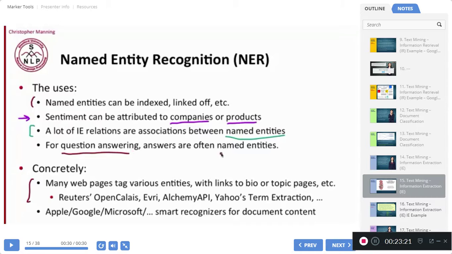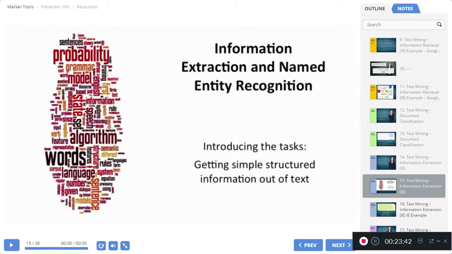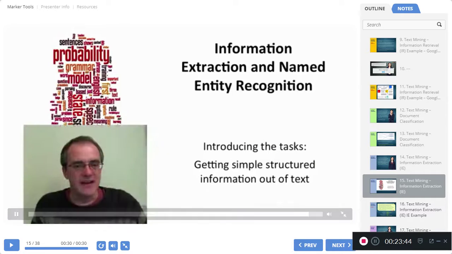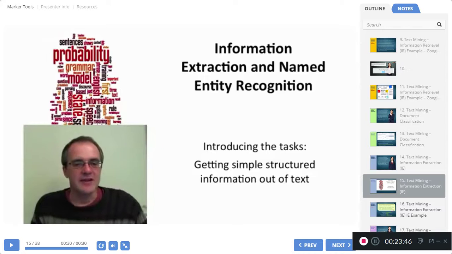So it helps a lot for question answering if you have good named entity extraction. Another example that we also saw of how people use named entity recognition, which plays off having semantically interpreted information, is to use it in various kinds of things like calendaring applications where you're making use of the semantic interpretation.